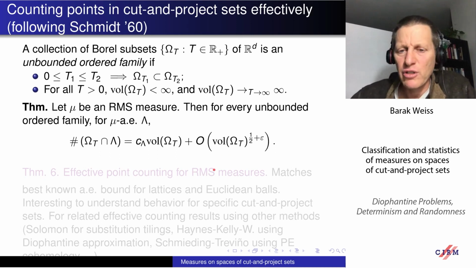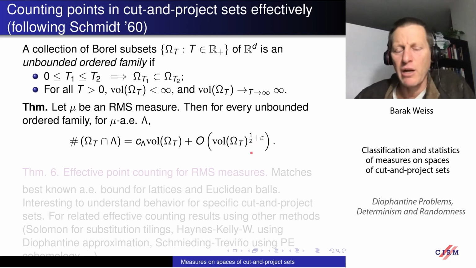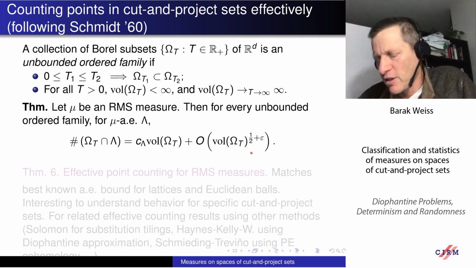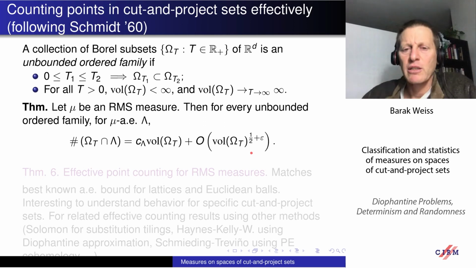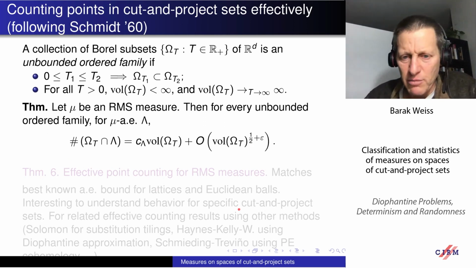There's a conjecture of Götze that this can be improved by subtracting 1 over 2d, if I remember correctly, in the exponent. But that's an open problem, and Schmidt's result is the best known.